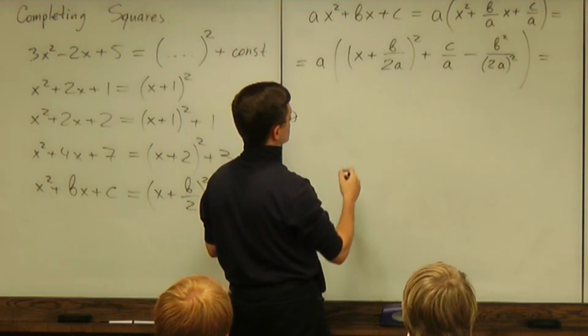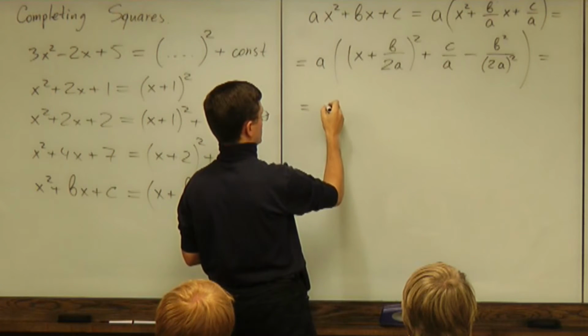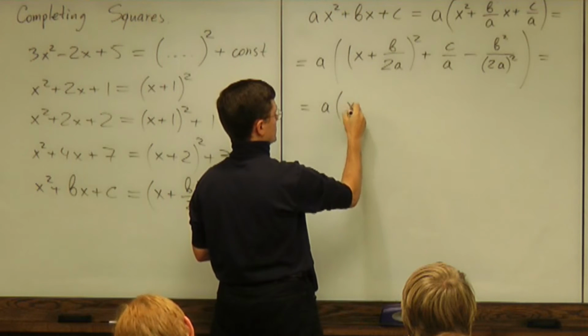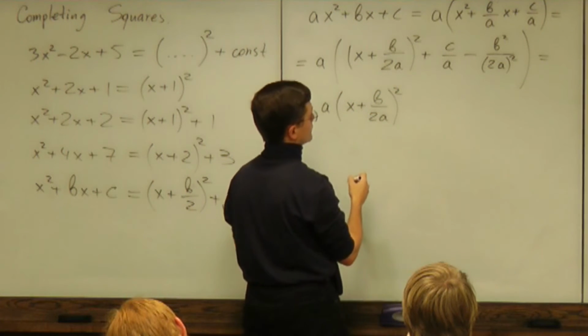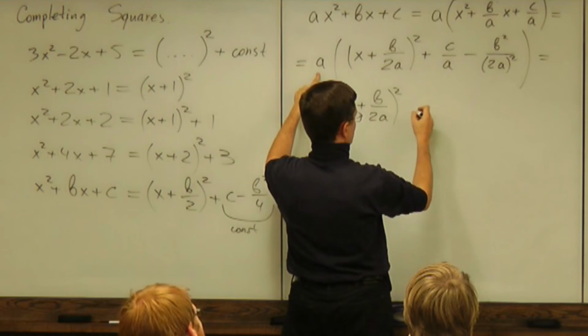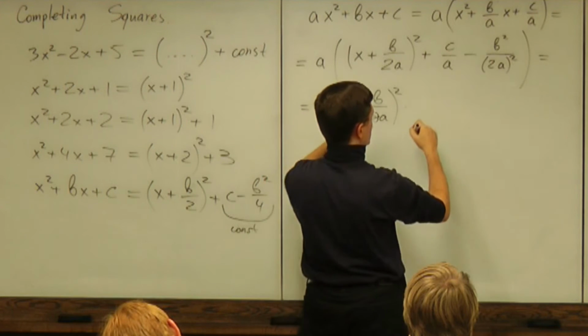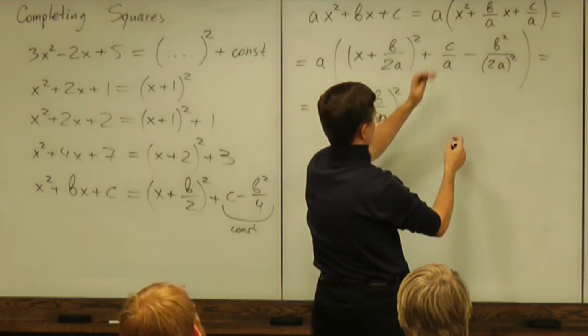And then the whole thing becomes, what does it become? A times x plus b over 2a squared. I'm just multiplying by a through the whole thing. And when I multiply by a, I'd like to bring this term to the common denominator.